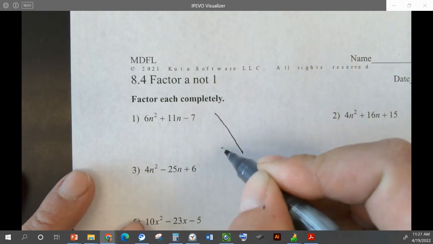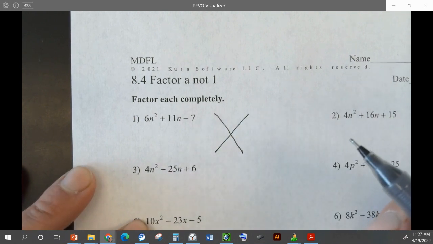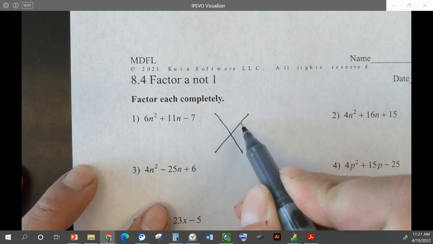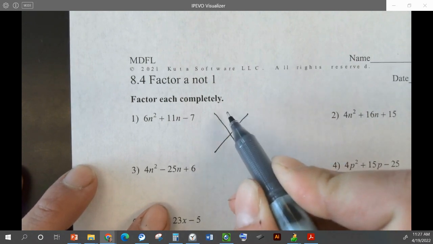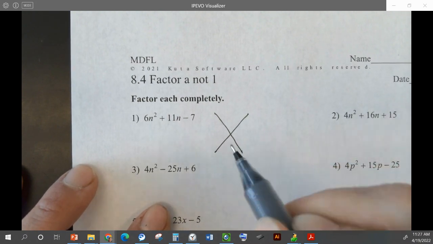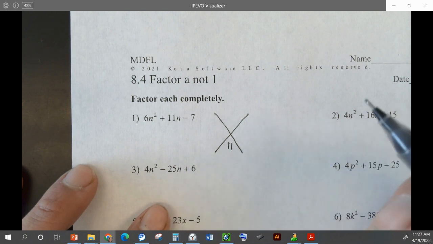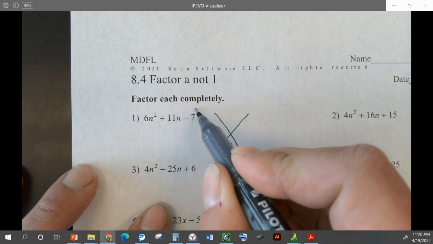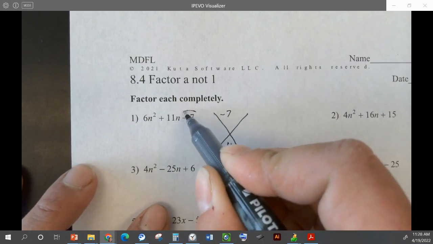All right, so we're going to use our X method to factor. So what needs to go on the top of this X? Close. So 11 will go in there. 11 goes in the bottom. Good. And then this one is, we're going to do -7.